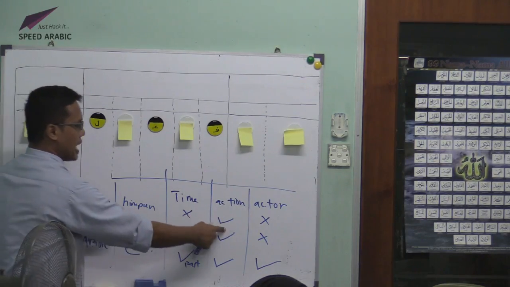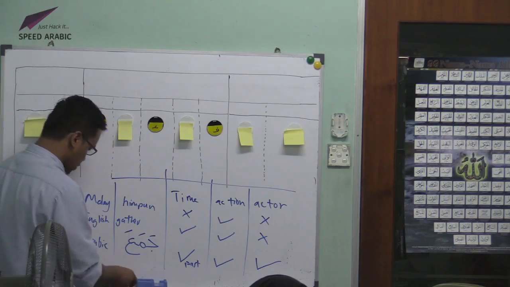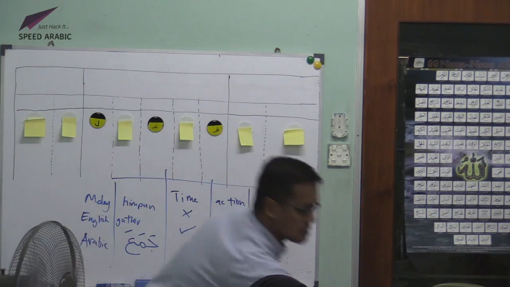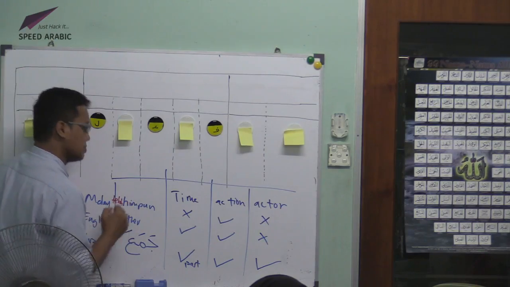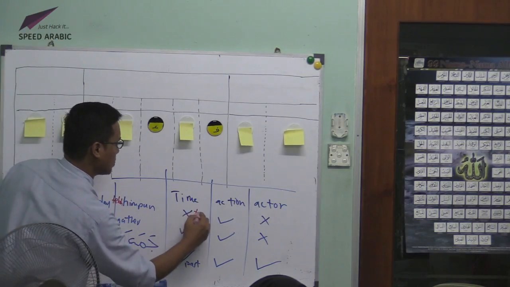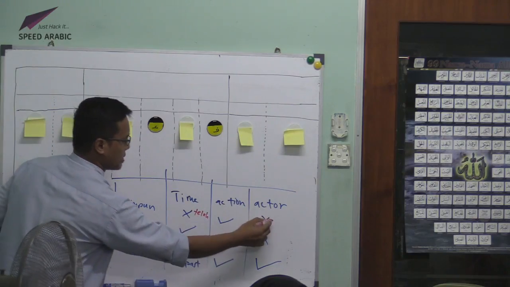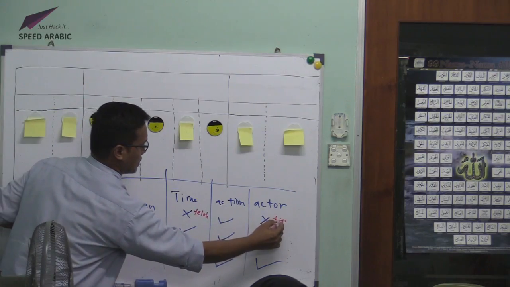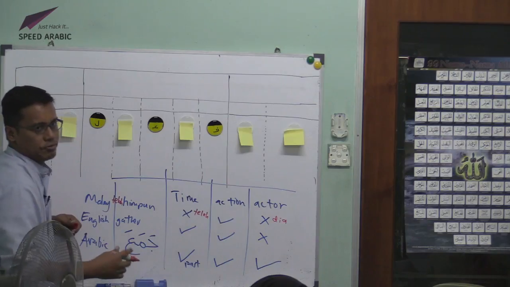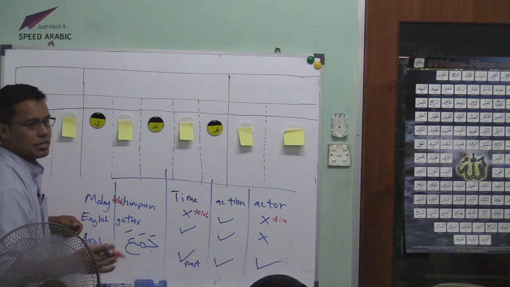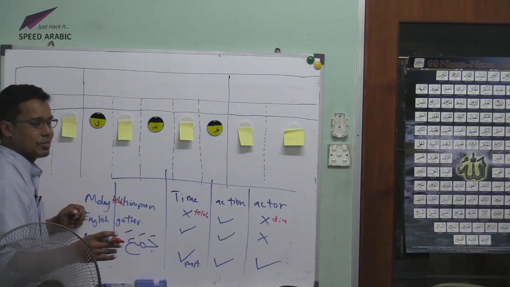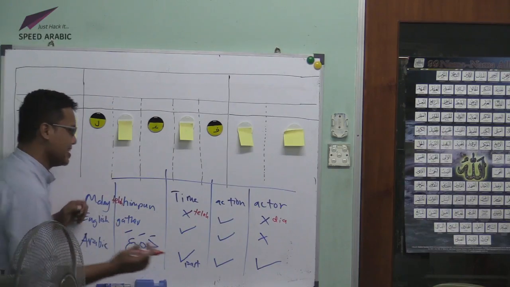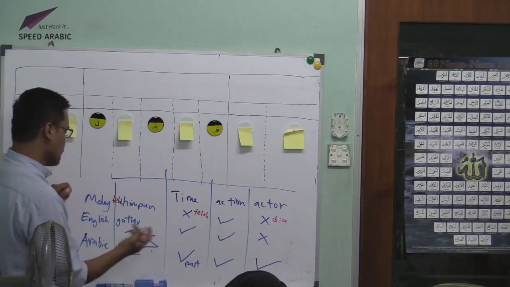If you want to add the time, you can just put the prefix telah. So you just add the time, telah, and for the actor, you put dia. So dia telah himpun. Very straightforward. So you can master Malay in a few weeks, not five months.